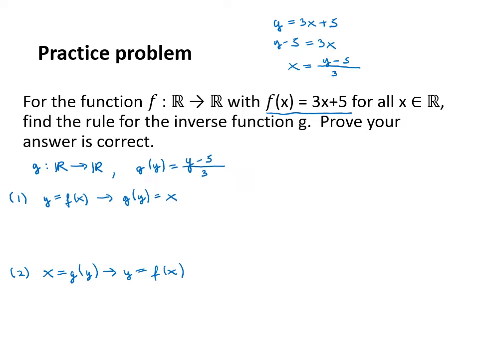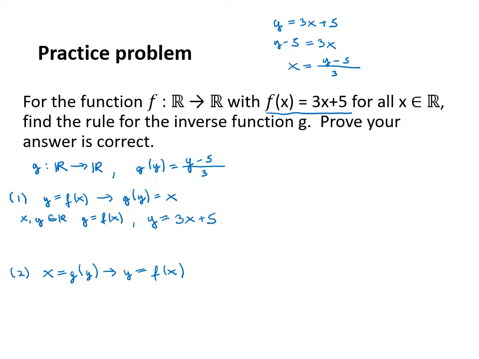So we have x and y elements of R such that y is equal to f of x. That is given to us. Now if we plug in the rule, we get that y is equal to 3x plus 5.